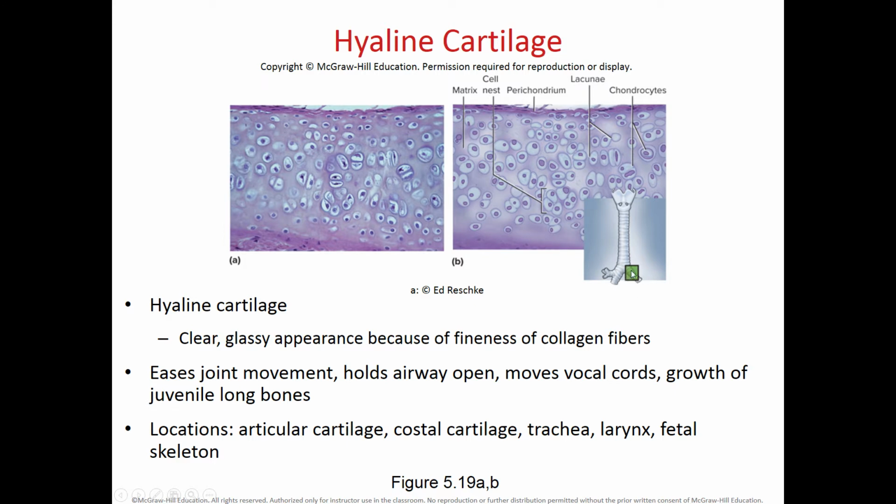So this is a sample of the trachea and the bronchioles. This is hyaline cartilage. Hyaline cartilage has a clear, glassy appearance because it has fine collagen fibers.